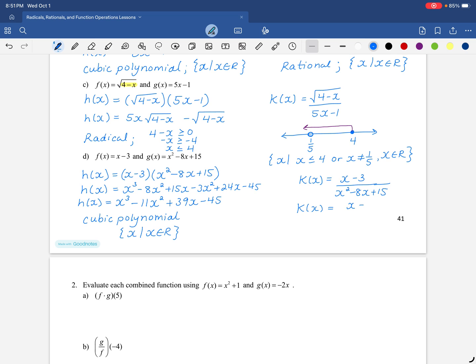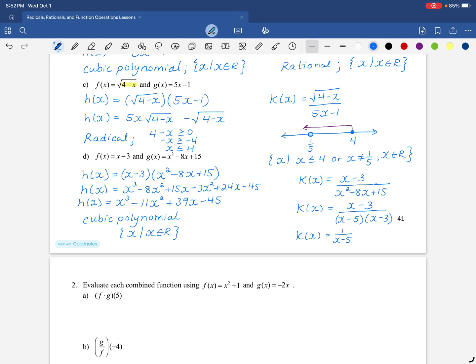On the top, this is going to be x minus 3. On the bottom, product of 15, sum of negative 8, is going to factor into x minus 5 and x minus 3. So if I simplify this, my k of x is going to be really 1 over x minus 5.